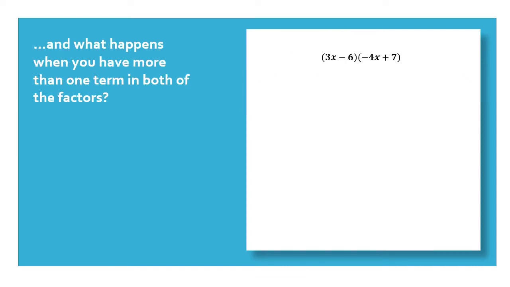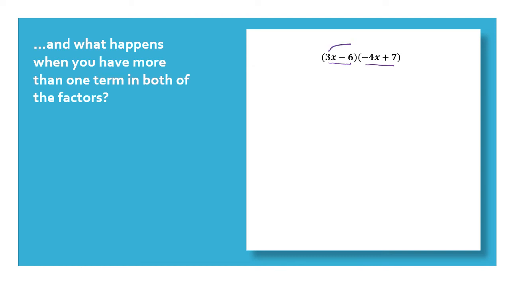Okay, so then what happens when you have more than one term in both of the factors? This is where it gets a little messy, like it did in the first problem that we did. So I want to make sure that I multiply every term in this left-hand factor by every term in the right-hand factor. And that's tough. You have to keep track of what you're doing.